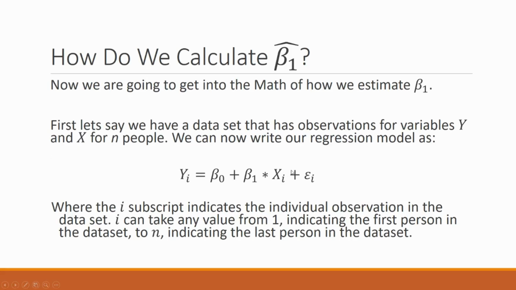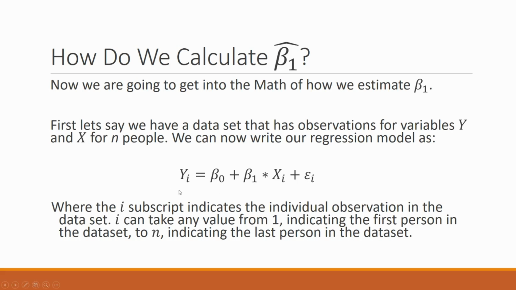All right, so to begin with, let's take a look at a generic, simple regression model. We have a dependent variable y with observations for each individual i. And then we have an independent variable x with observations for each individual i. We have an error term for each individual i. And then we have the population coefficients. So we've got beta 0 and beta 1.